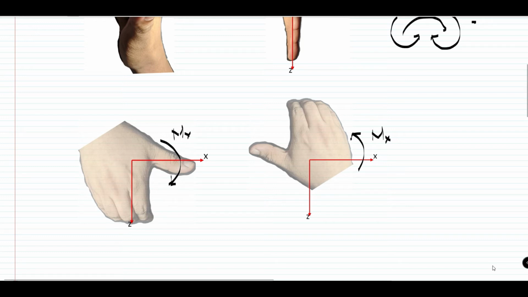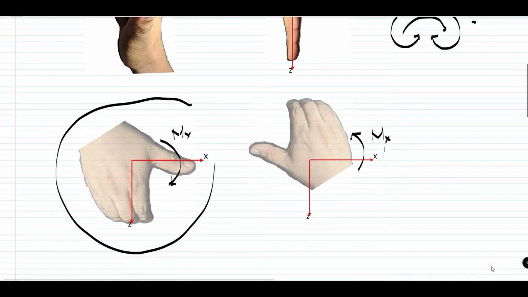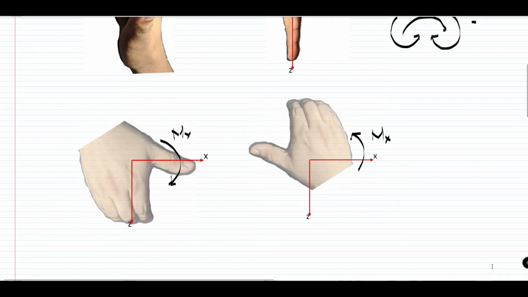Kung mapapansin nyo, dito sa drawing ko on the left side, yung right hand ko, yung thumb niya is nakatutok on the positive x-axis. That means this rotation of moment about the x-axis is a positive Mx or a positive moment about the x-axis.